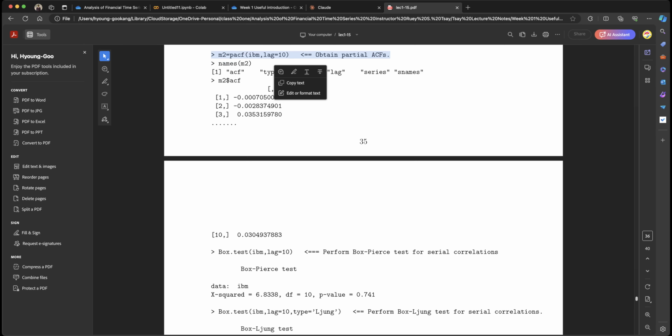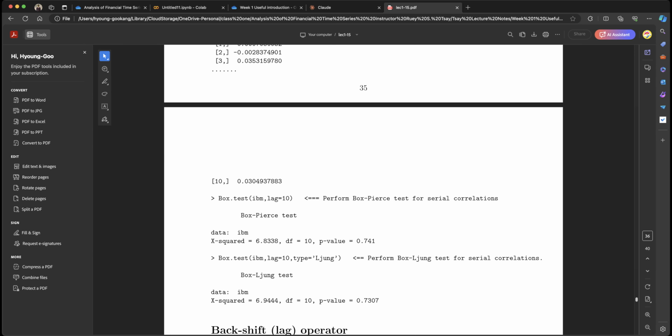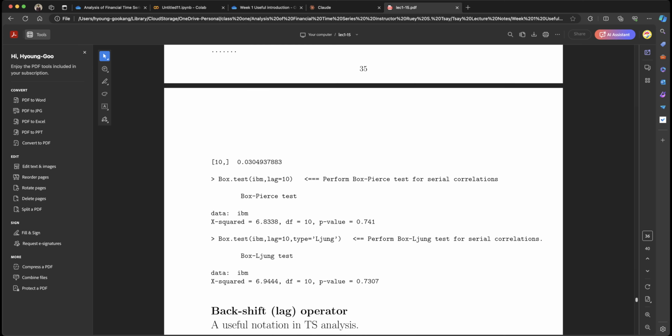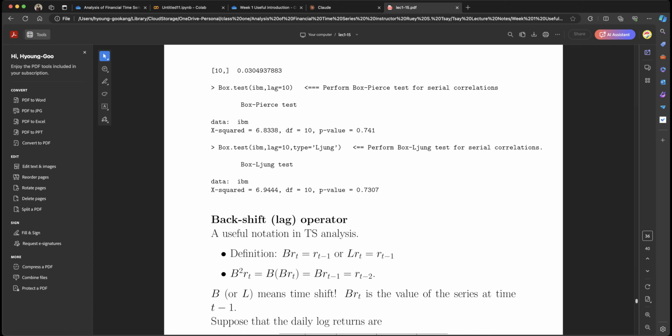Okay, so next is the Box-Pierce test, and then the backshift operator.